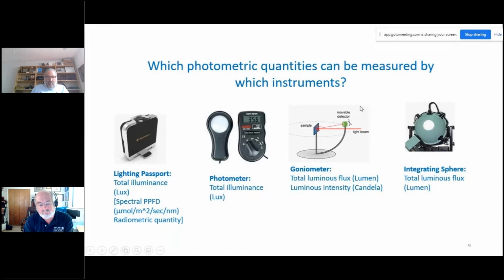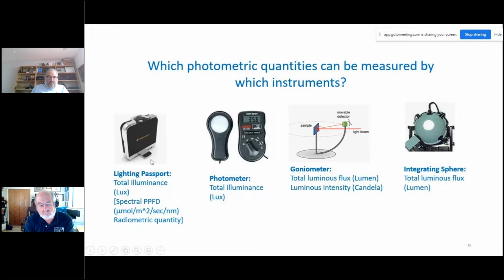So now the question is, which photometric quantities can be measured by which instrument? If you want to measure a photometric quantity, you have to make sure you're purchasing the right instrument. From left to right, you look at the lighting passport. This could measure the photometric unit of illuminance.